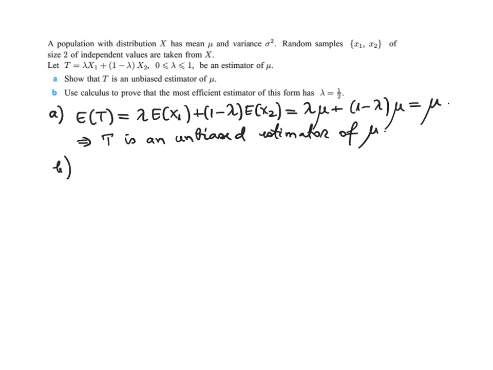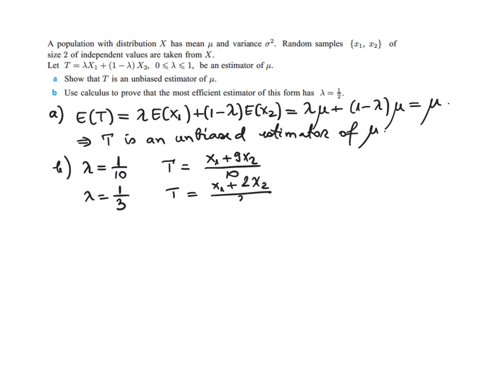B. Find the most efficient estimator. Basically, what this rule tells me, if I try to make sense of it and take values, is that if, for example, I take lambda equals 1 over 10, T will be x1 plus 9x2 over 10. If I take lambda equals 1 over 3, it will give me x1 plus 2x2 over 3.